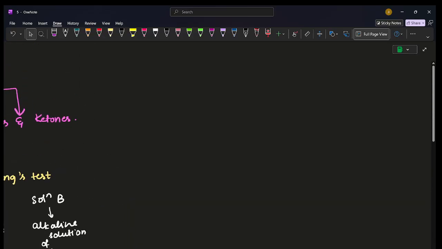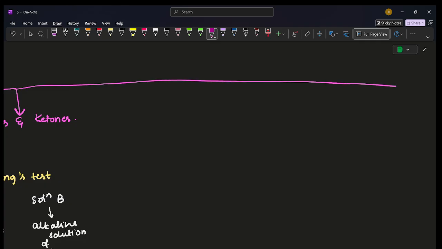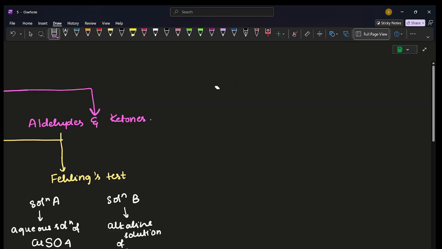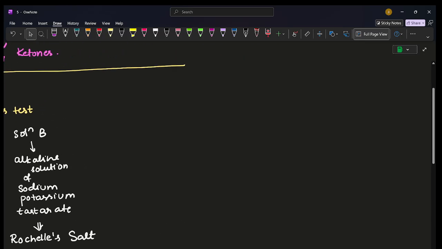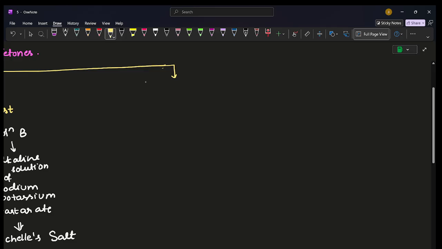I think you would have heard about this test while learning the biomolecules chapter. So you have Schiff's test. So let's see about the reagent first.